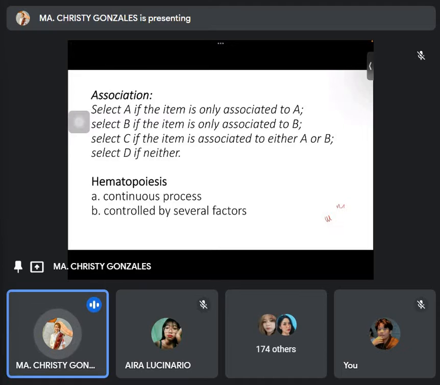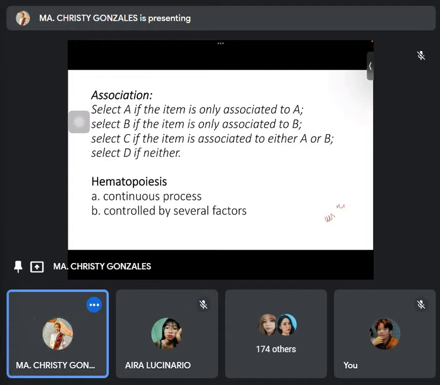These are controlled by growth factors and also cytokines and interleukins. We call these factors regulators. Growth factors, cytokines, interleukins are examples. So C is the answer here.